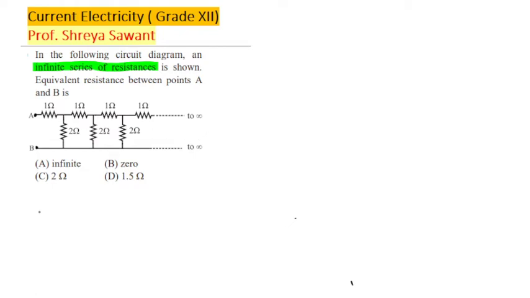So we just modify that circuit, that is, 1 ohm in parallel with 2 ohm, and this whole pattern gets repeated, so this is nothing but the equivalent resistance R equivalent.